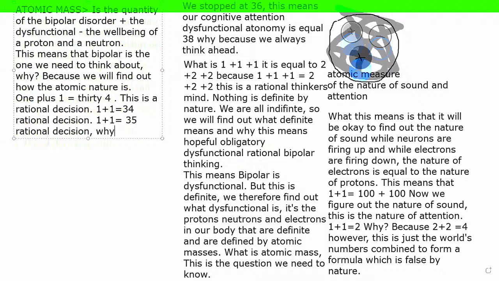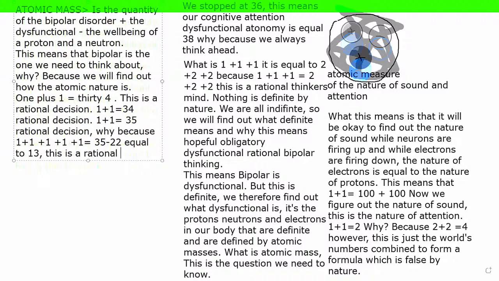Rational decision. Why? Because 1 plus 1 plus 1 plus 1 plus 1 is equal to 35 minus 22, which is equal to 13. This is a rational decision.